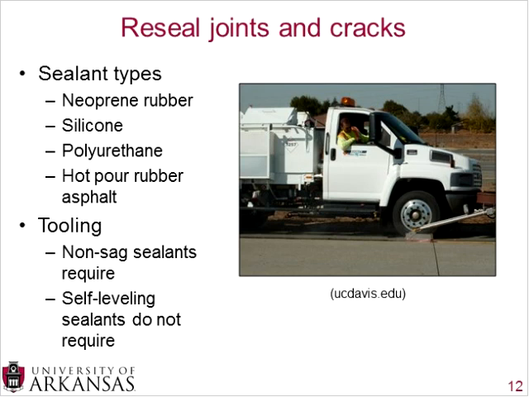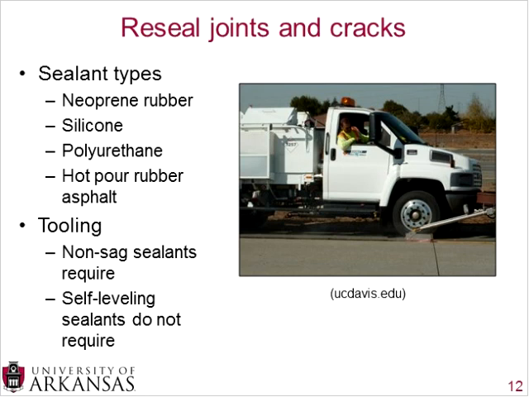And tooling simply means that you need to force the material against the sides of the joint or the crack for proper adhesion. So for example, maybe a silicone would be a type of sealant where you need this type of tooling because it won't naturally force itself against the side of those cracks and adhere.